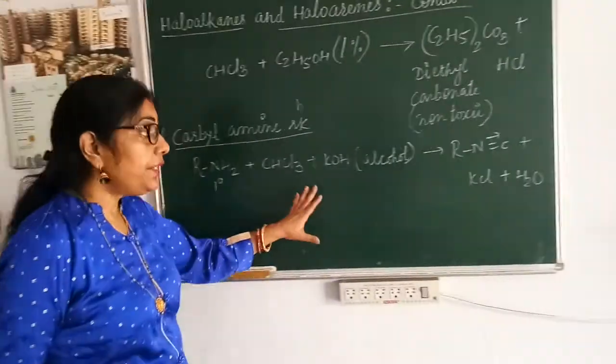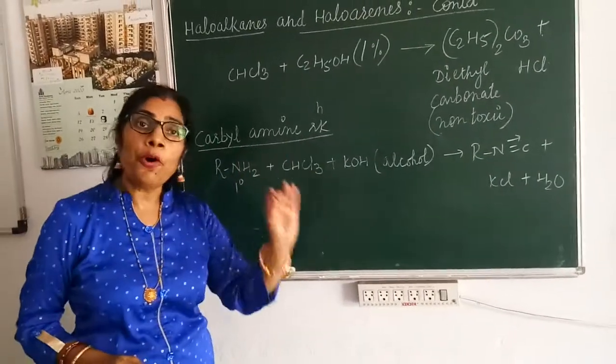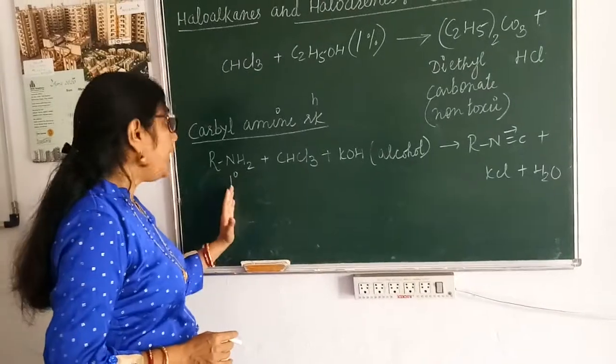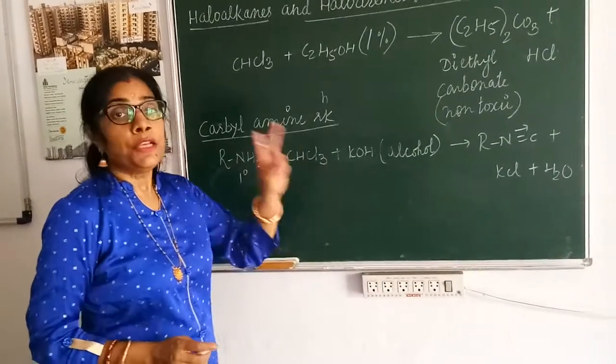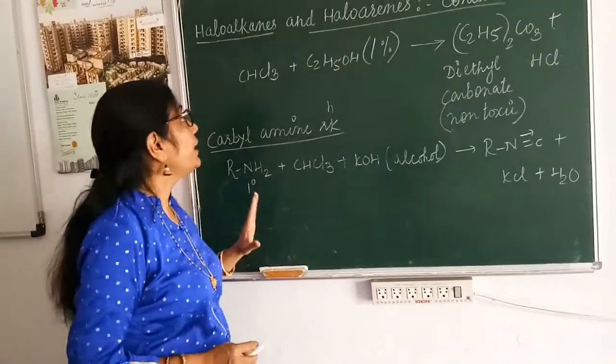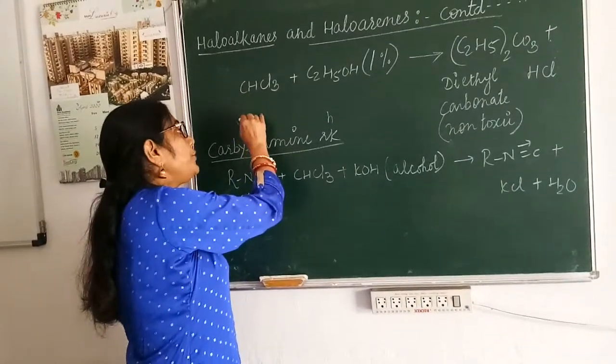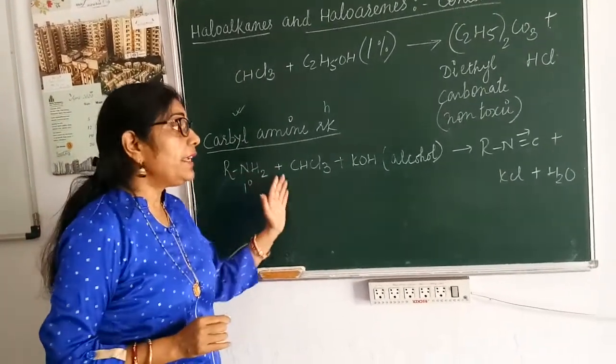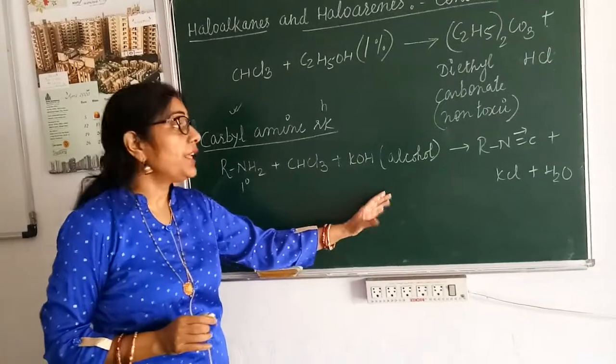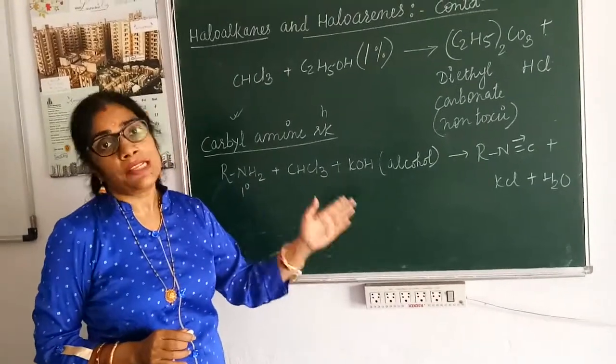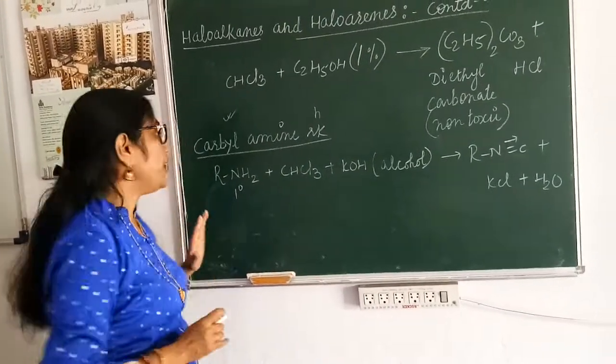This is a test given by all 1-degree amines. So two important uses you can learn from here: one, it is used as an anesthetic, and secondly, it undergoes the carbylamine reaction. Apart from that, it is used as a solvent for organic compounds as well.